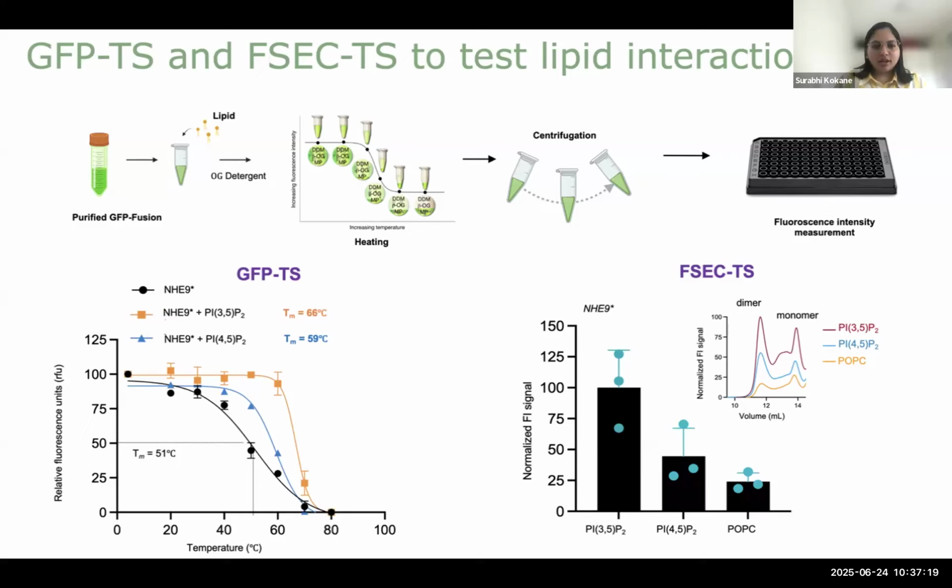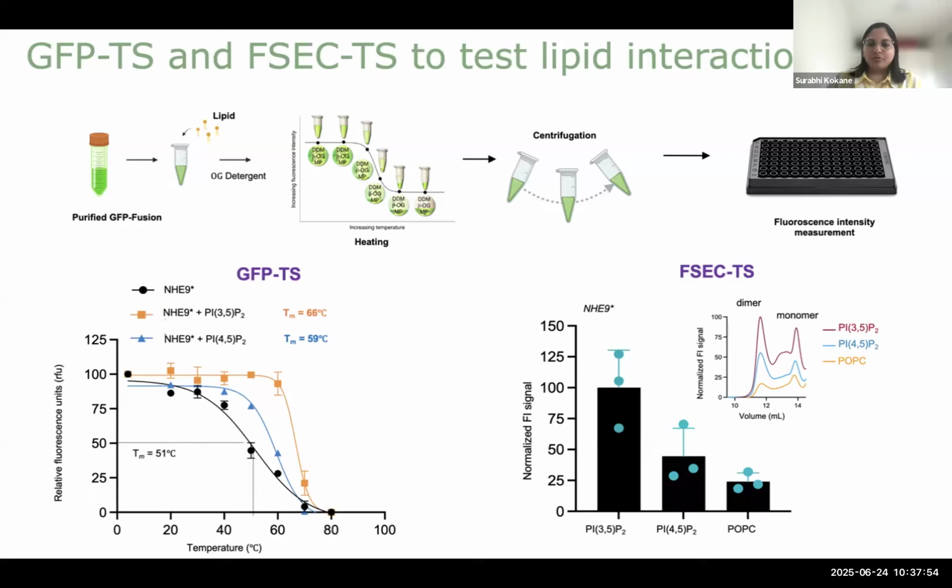When we measured the fluorescence intensity, the Tm that we calculated for the purified fusion was around 51 degrees. But if you add lipids to it, the Tm shifted. The new Tm with PI(4,5)P2 was around 59 degrees, and for PI(3,5)P2 was 66 degrees. So PI(3,5)P2 was more stabilizing compared to PI(4,5)P2. The Tm shift was around 8 degrees for PI(4,5)P2 and 15 degrees for PI(3,5)P2.